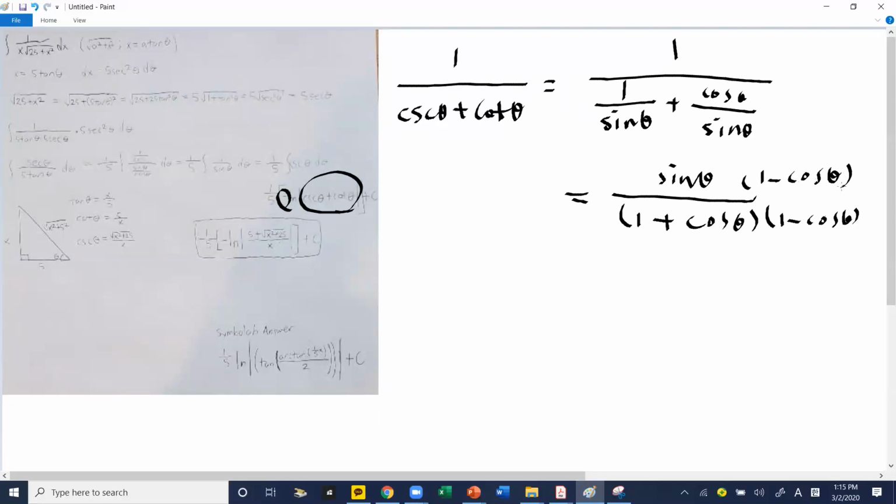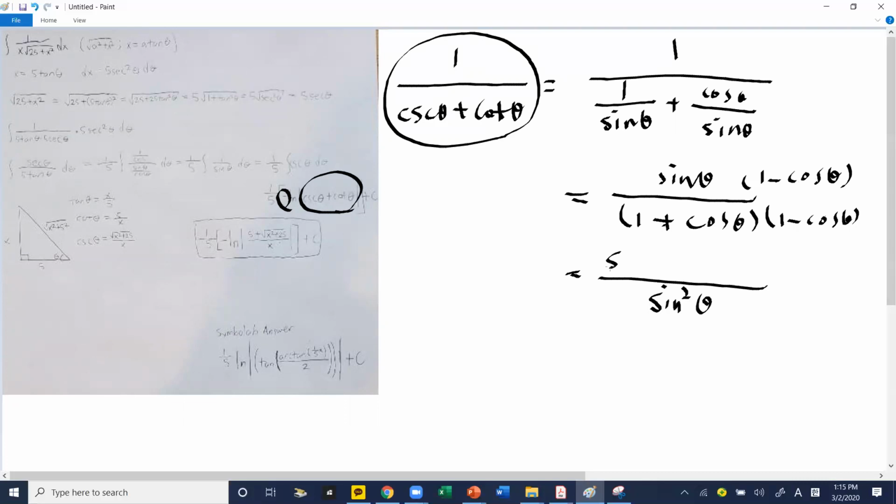I just get some other trig expression using the trig identity, okay? So the denominator is 1 minus cosine squared, which means sine squared, right? Understand? Yeah, I understand because you have to distribute it and FOIL it.